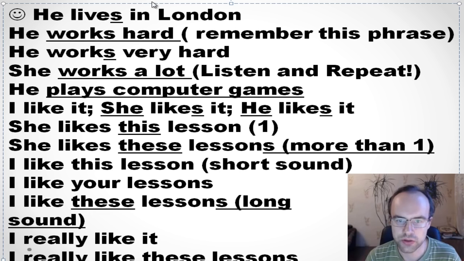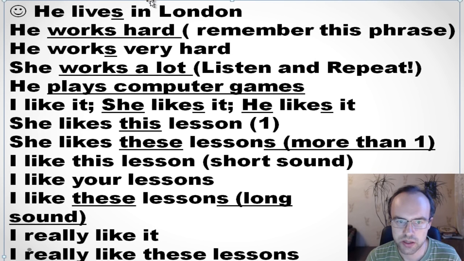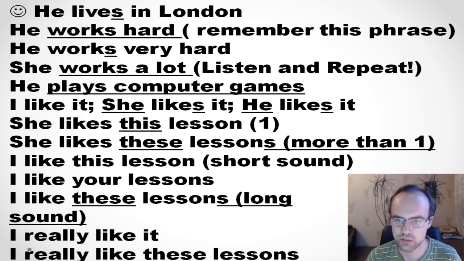It's a long sound. Okay? These. And we have these. I like these lessons. I really like it. We put it in the middle. I really like these lessons.